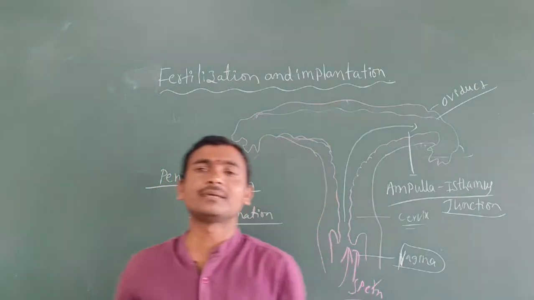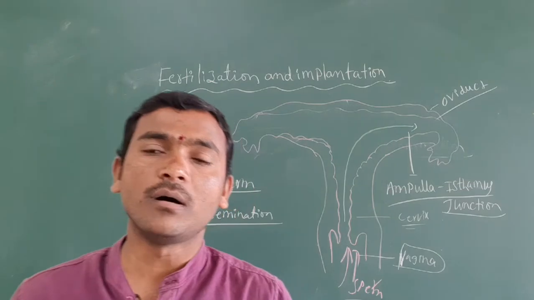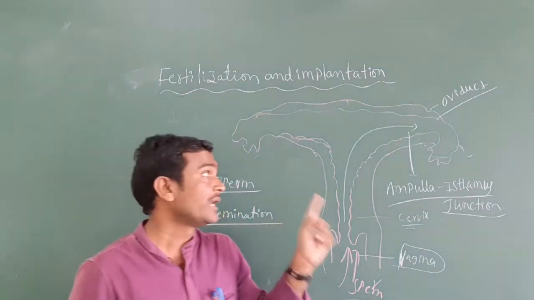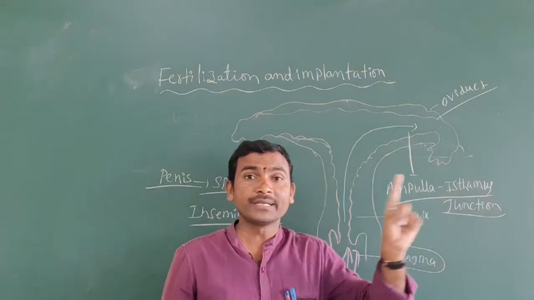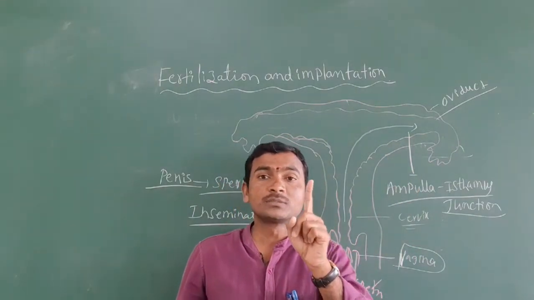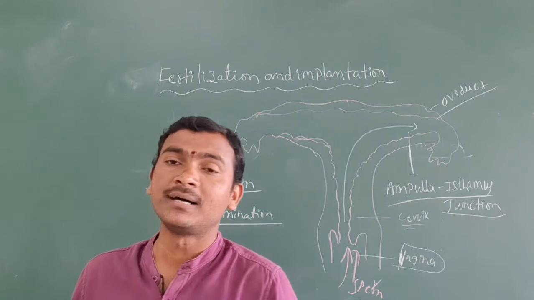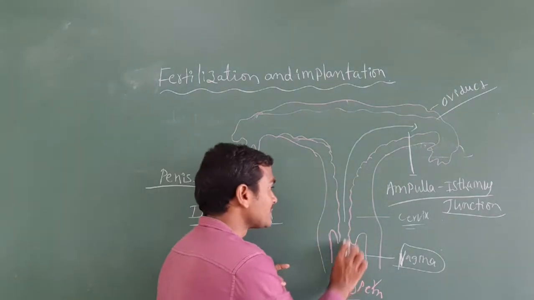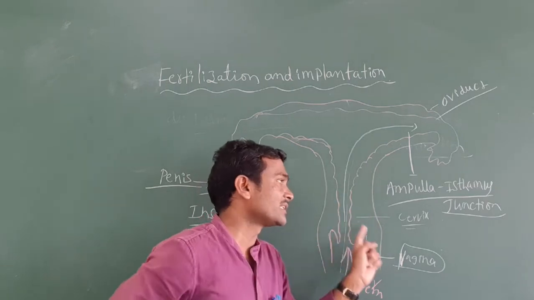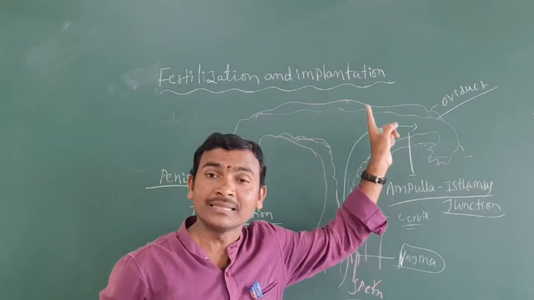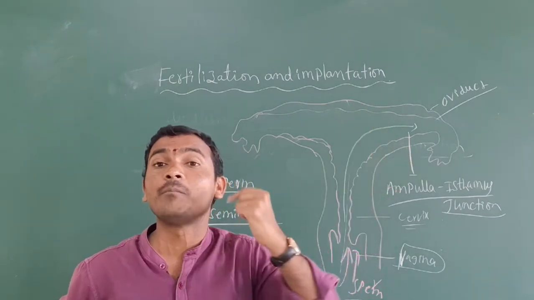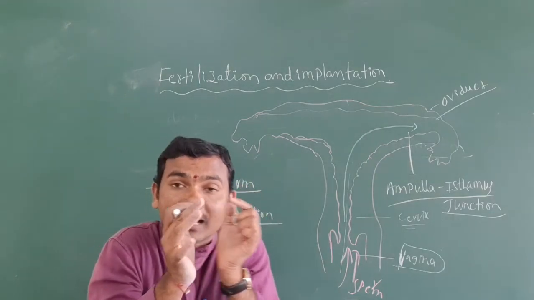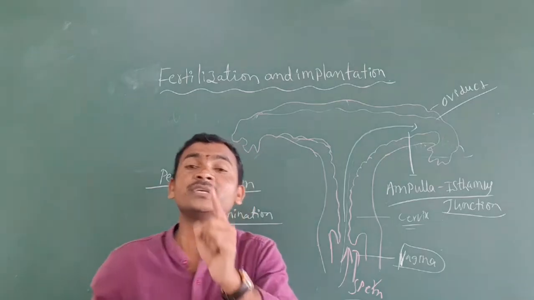Remember one thing: not every coitus or sexual intercourse leads to combination with the ova. It is possible only when the sperm and the ova are gathered together simultaneously, when the sperm enters the vagina and reaches the oviduct at the time the ova is there. Then only fertilization is possible.